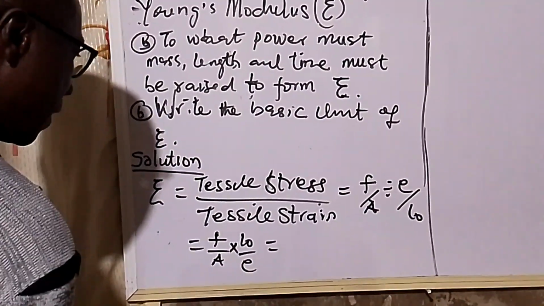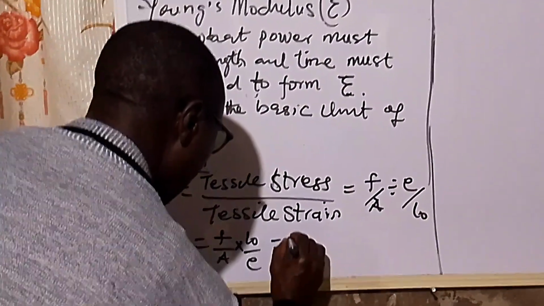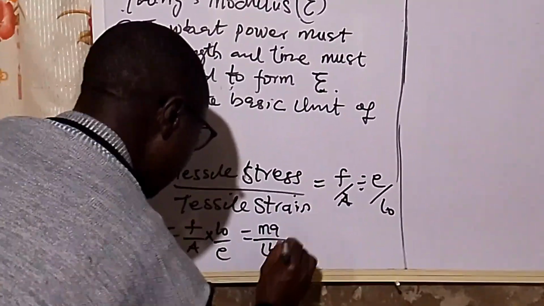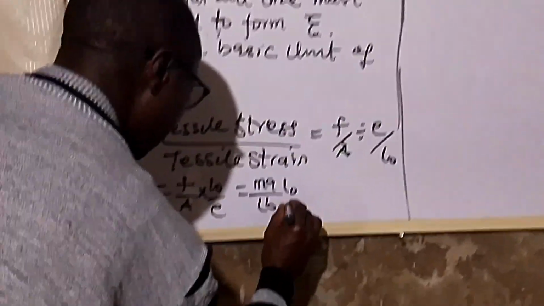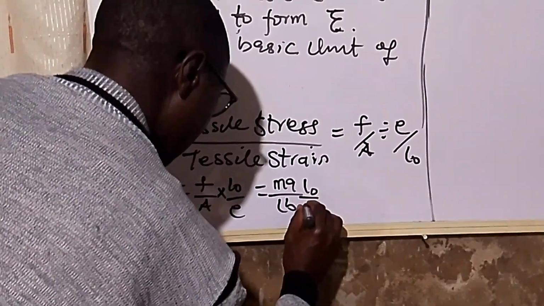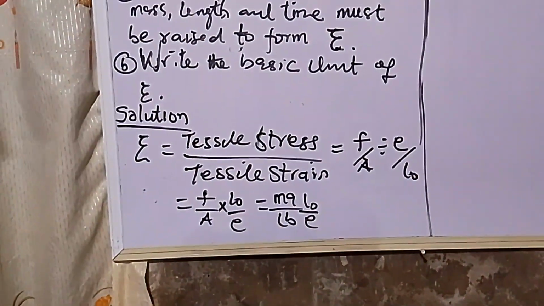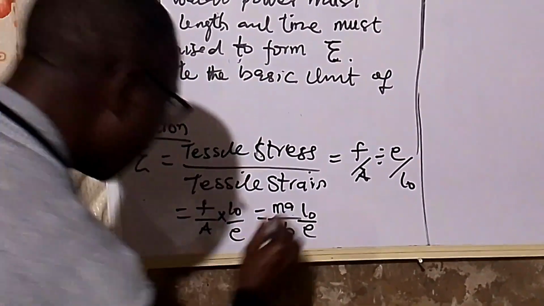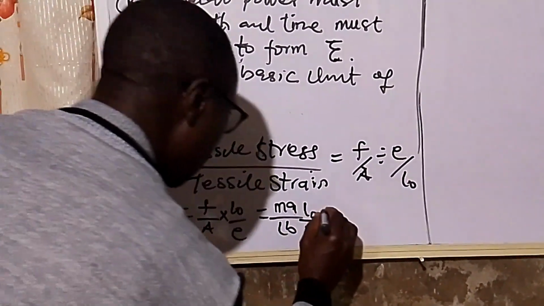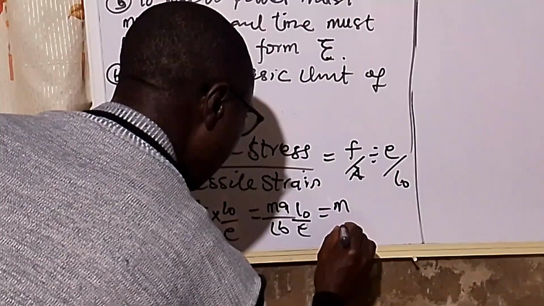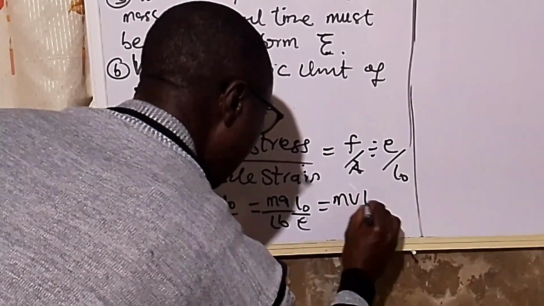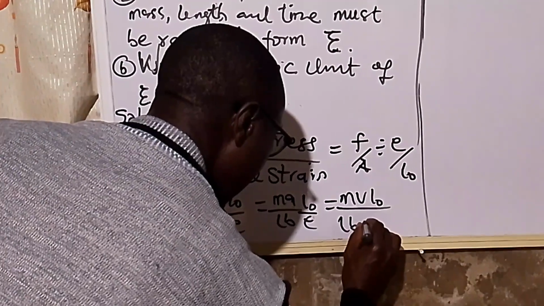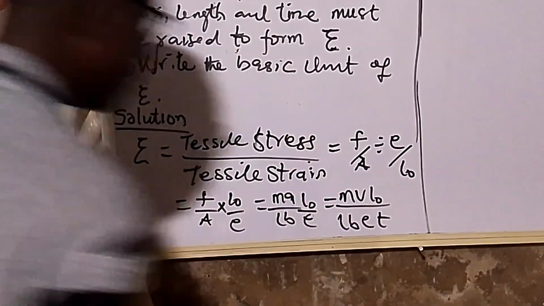Since force is derived and area also is derived, that will now be ma over length times breadth, into L naught over e. Acceleration is derived, so we need to reduce it. That will be mv L naught over l b e a over t.